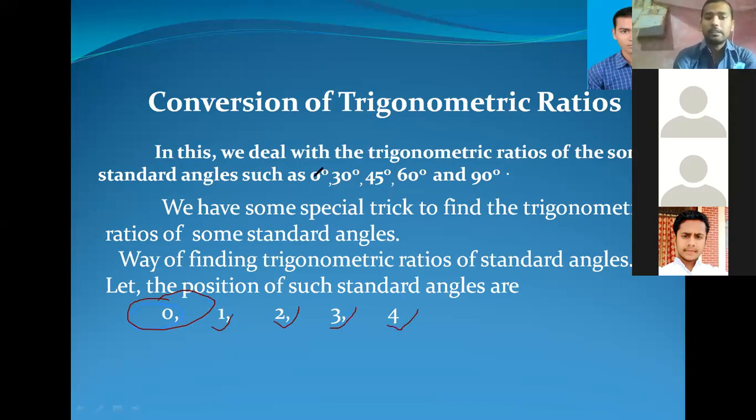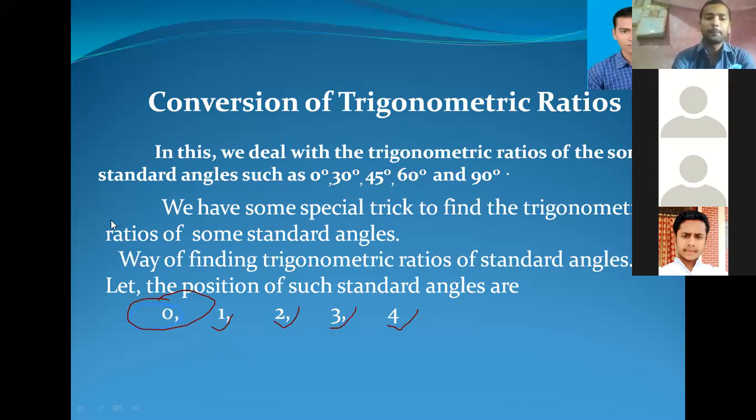Because 0 is considered as 0, in the same way 30 is considered as 1, 45 is considered as 2, in the same way 60 is considered as 3, and 90 is considered as 4 as their place values.